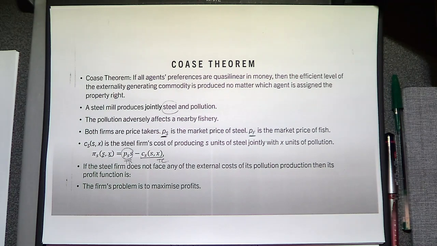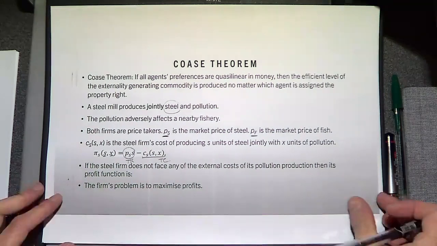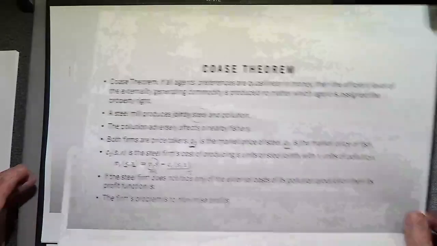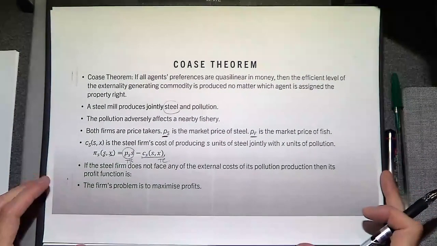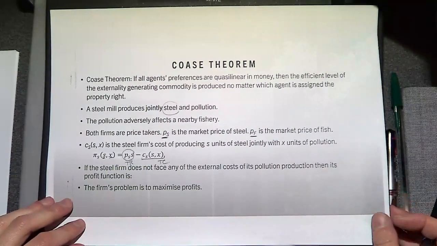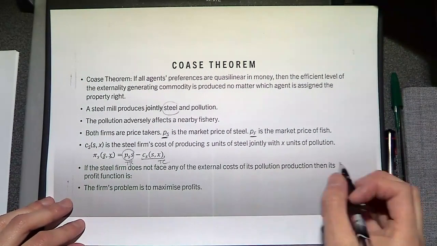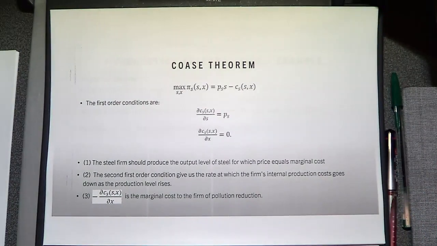Now, I'll set up this problem and then we'll go, okay? So just commenting. Right, so what would be the firm's problem here? It will have to maximize profits. And if you remember how to maximize profits, you just go to the first order conditions.